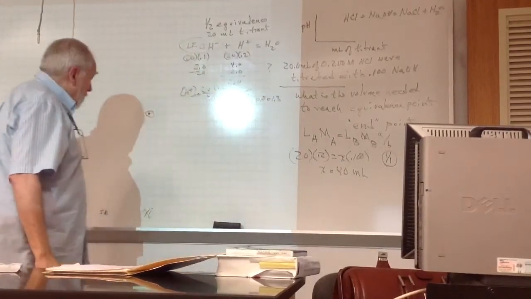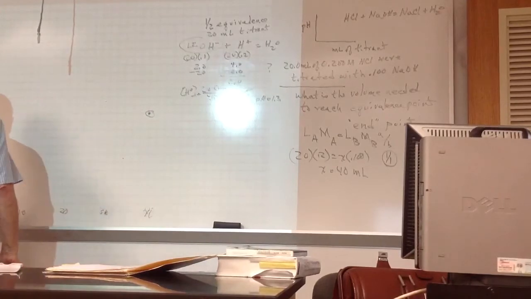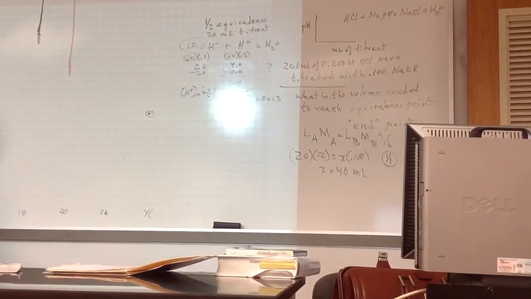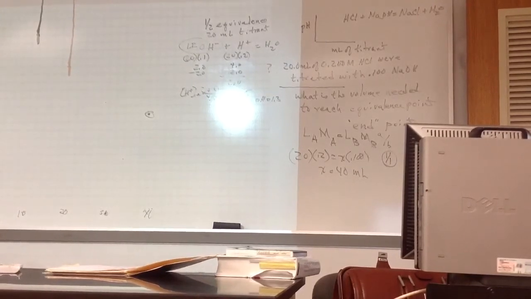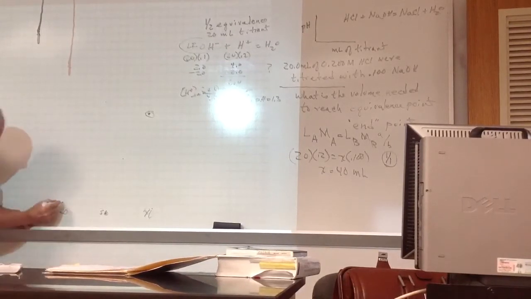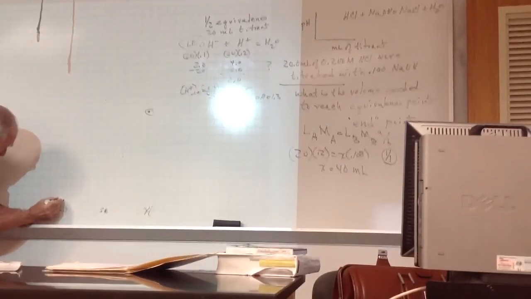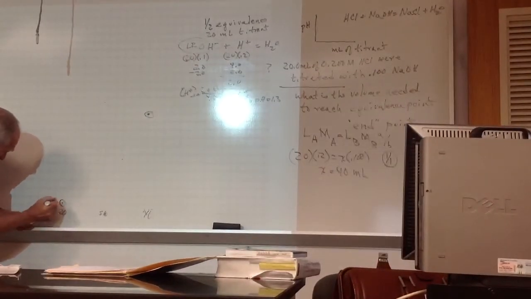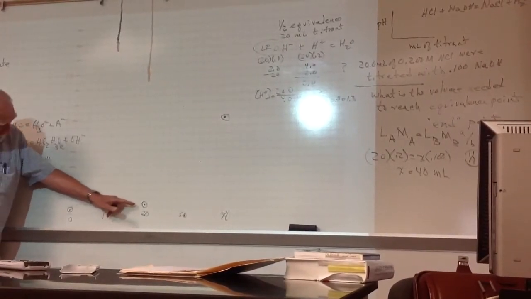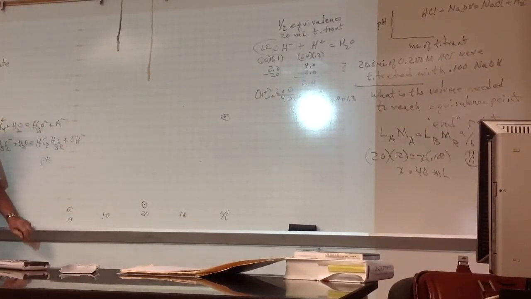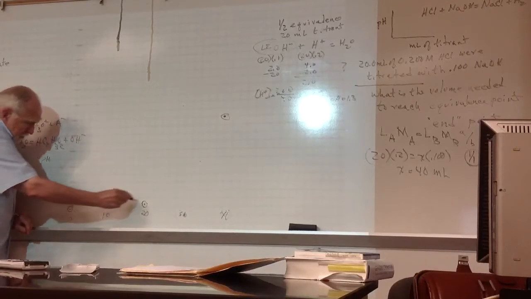I'd like to see more significant figures, but since I don't have that much detail on my graph here, I can plot it. That's 0.7. So this is 1.3 right in here. Notice the pH has hardly changed as I'm adding the sodium hydroxide, because the graph is going continuously from here to here.